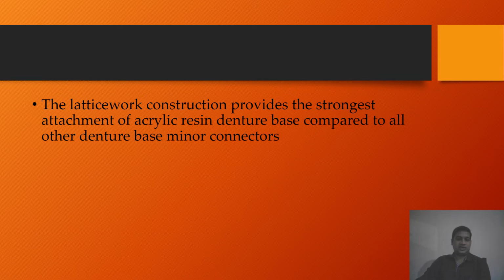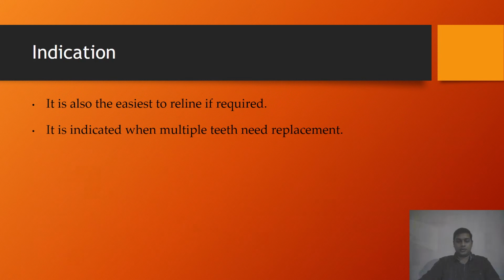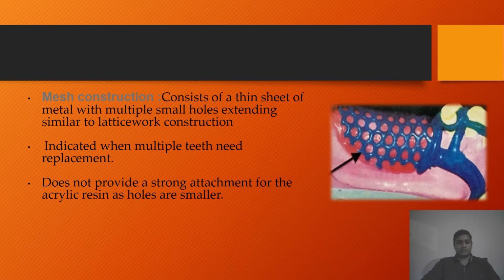The lattice work construction provides the strongest attachment of the acrylic resin denture base compared to all other denture base minor connectors. Coming to the indications, if relining is required in the future, the lattice type is the easiest to reline, and it is also indicated when multiple teeth are to be replaced.